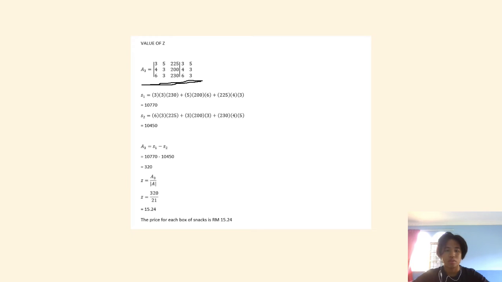Then z equals the determinant of A3 divided by the determinant of A, so after we divide, we get the value of z is 15.24. So the price for each box of snacks is 15.24 ringgit.